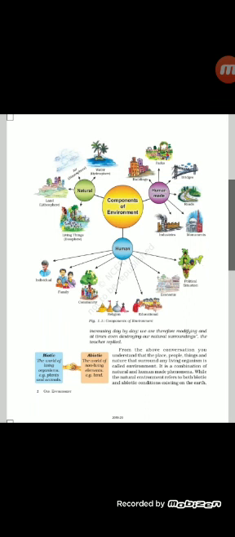We should know. So we should always be ready to save our environment, to minimize the use of our natural resources. Okay, if environment exists, then only we can exist.